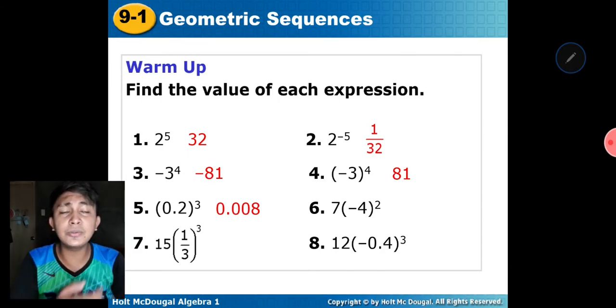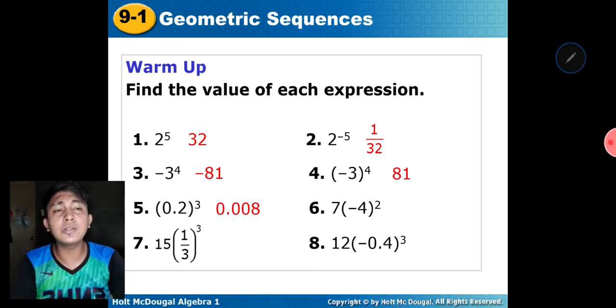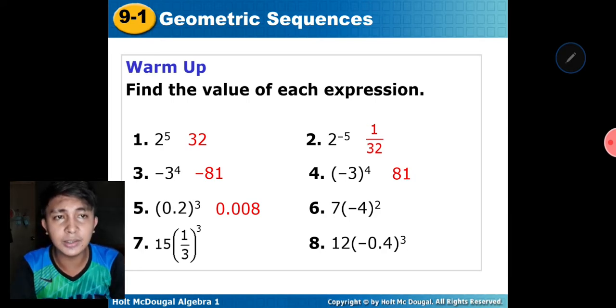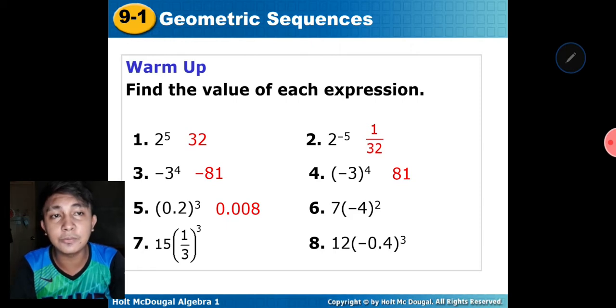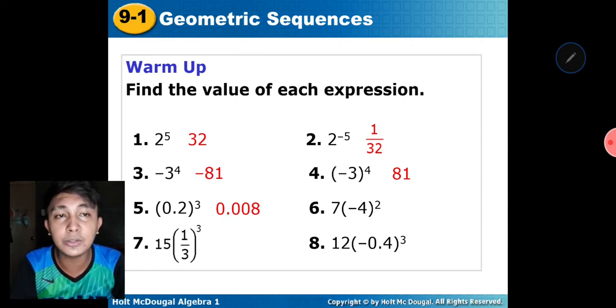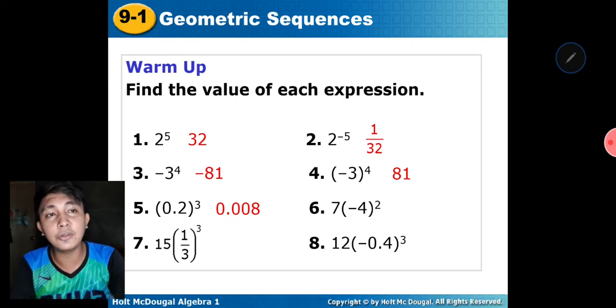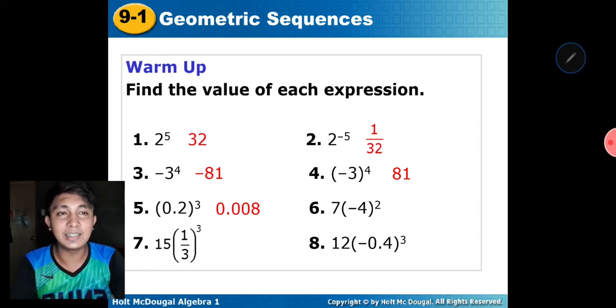So this kind of example is also important. Do the parenthesis and exponent first. Get the square of negative 4, then multiply it to 7. So negative 4 squared is 16. Multiplied to 7 is 112.